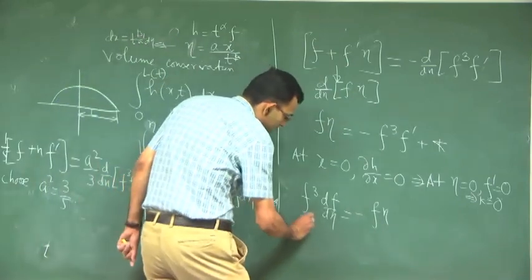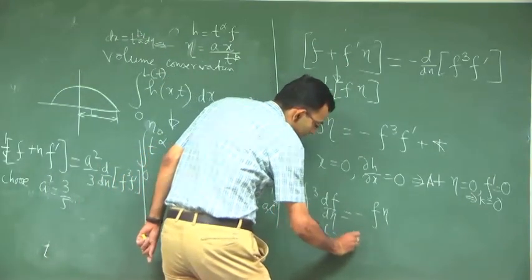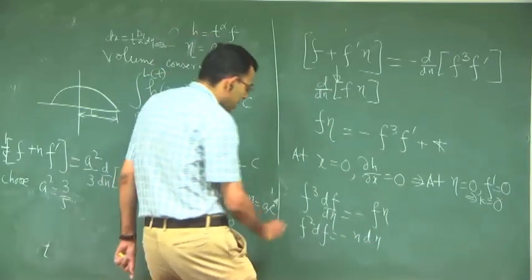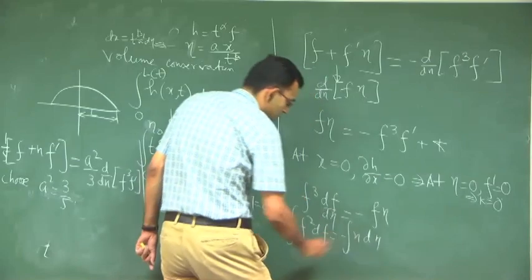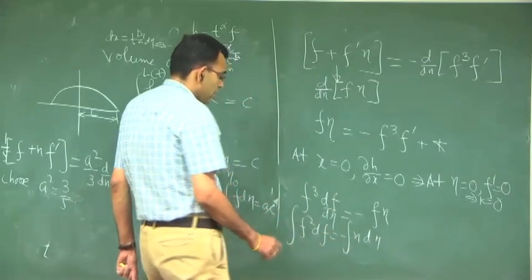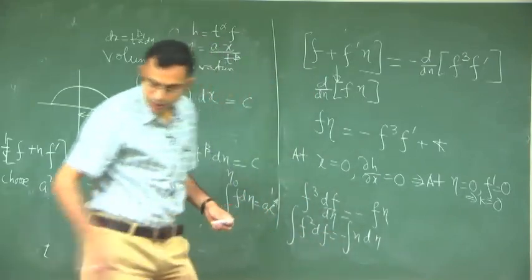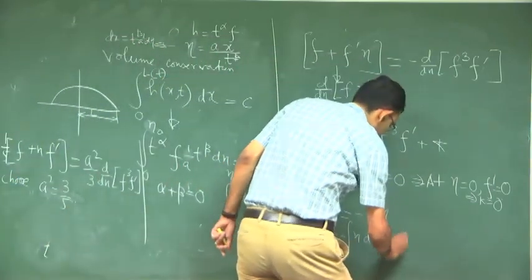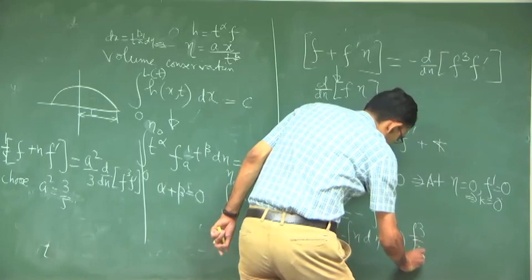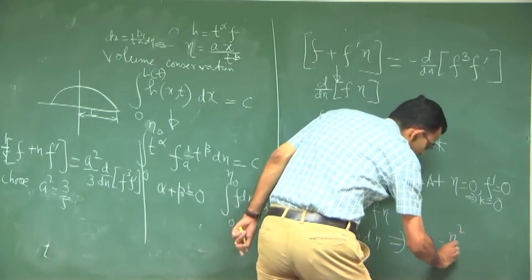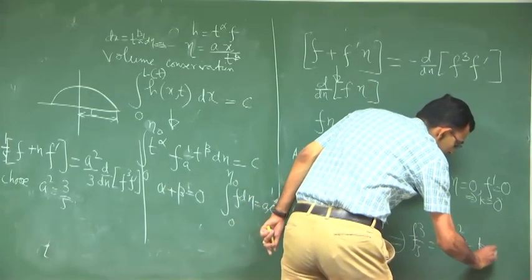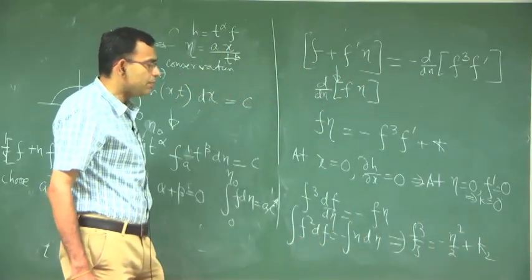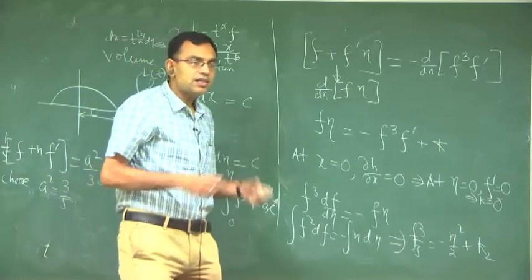So, f square df is minus eta d eta. Now, you integrate it, and we will put the boundary condition. This is f cube by 3 is equal to minus eta square by 2 plus k2. What is the next condition?